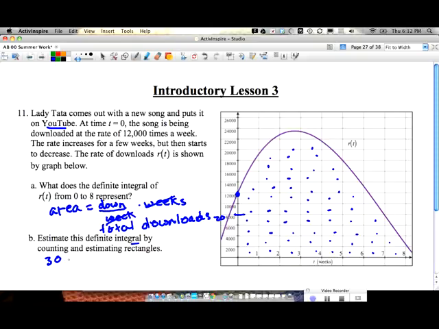So in the blue, we got 30 full ones plus how many half ones. Well, this looks like a half, this looks like a half. Those kind of round each other out, and if you put these two together, those are like two halves that make a whole. I didn't count this one here, so I'm going to count that one, but I'm not going to count this or this.